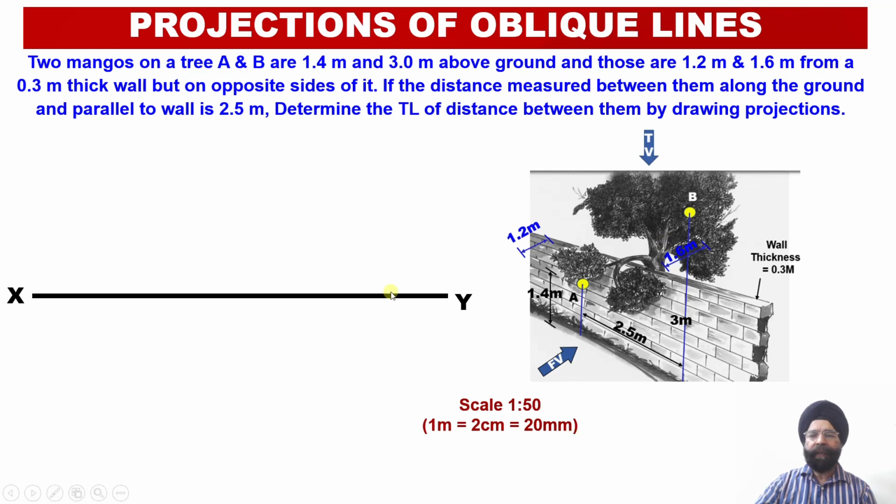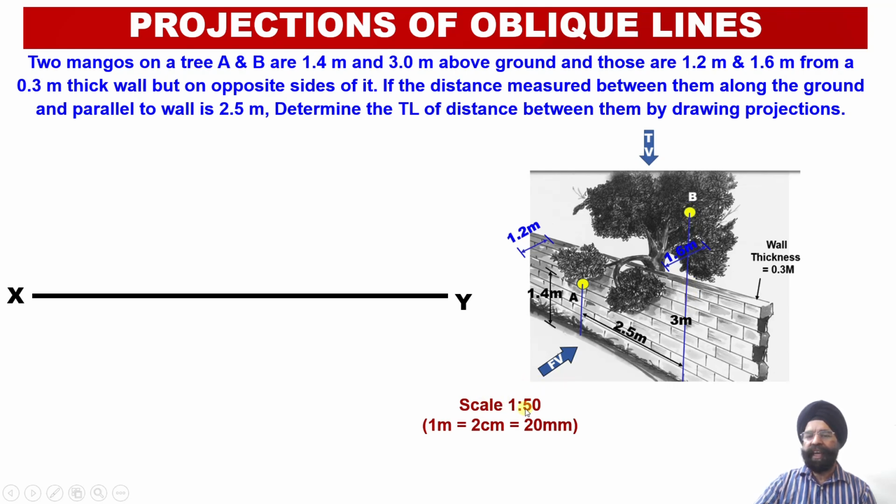Now we know that point A, or the object A, is lying at a height of 1.4 meter above the ground in the front view. Similarly, point B, or the orange B, is located at a height of 3 meter above the ground.